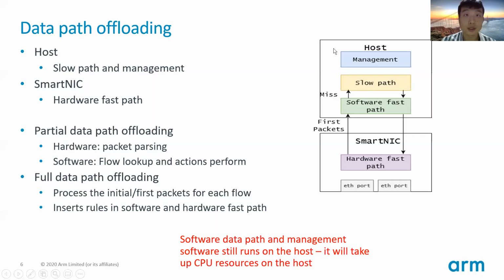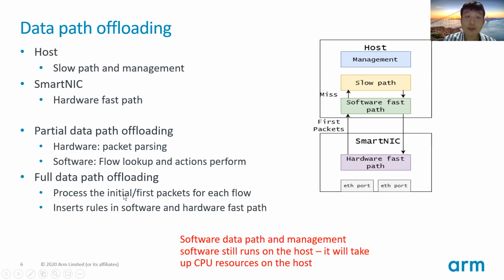There are two kinds of data path offloading. One is partial data path offloading, and the other is full data path offloading. In partial data path offloading, the hardware will do the packet parsing and analyze the packet, and the software on the host will do the flow table lookup and decide which actions to perform, such as dropping or forwarding the packets.